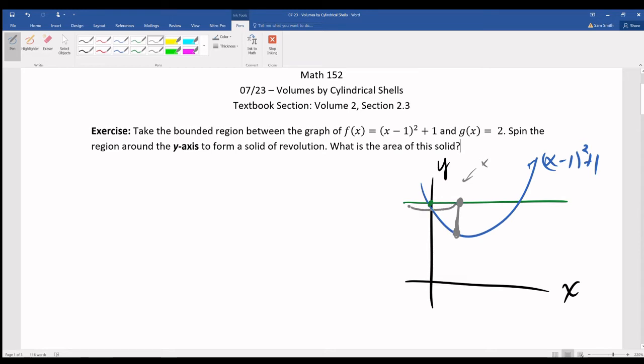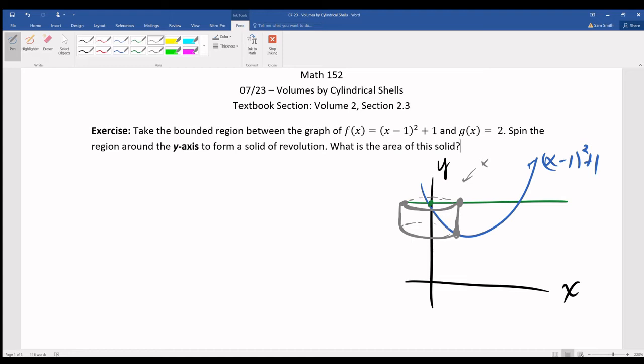And I'm going to spin this vertical line segment around, and as a result of spinning not a horizontal line segment, but a vertical line segment around, I have acquired a cross section that looks like a cylinder.